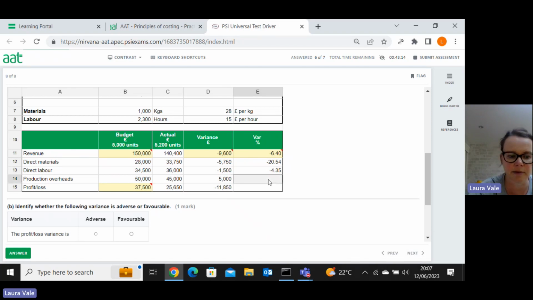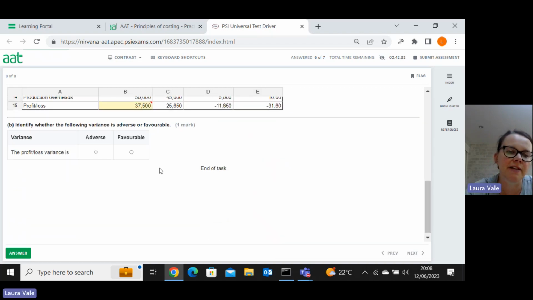And then this one, 5,000 divide by 50,000 times 100 is bang on 10%, but don't forget to put the 0.00 in. And then finally 11,850 divide by 37,500 times 100. Again, be consistent, put the negative in. It's an adverse variance. 31.6 I've got in my calculator, so we type in minus 31.60.